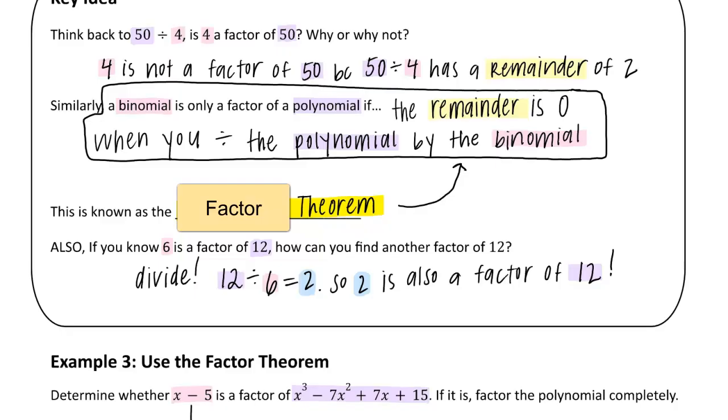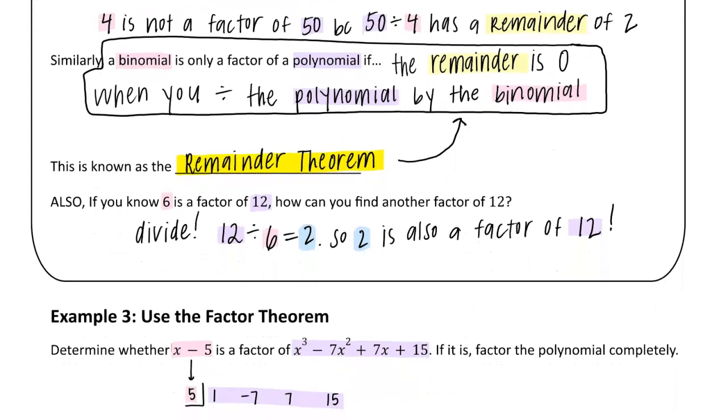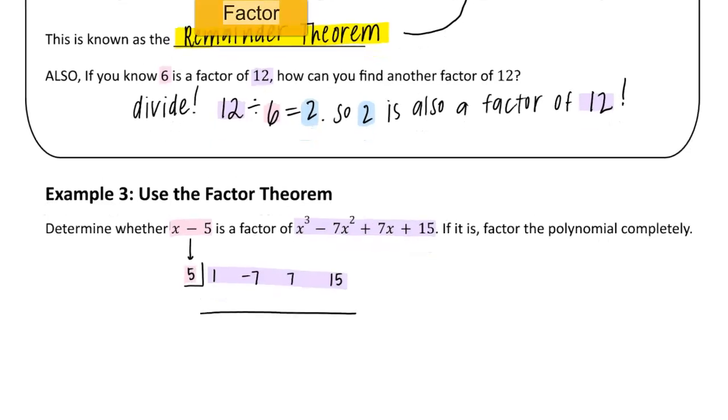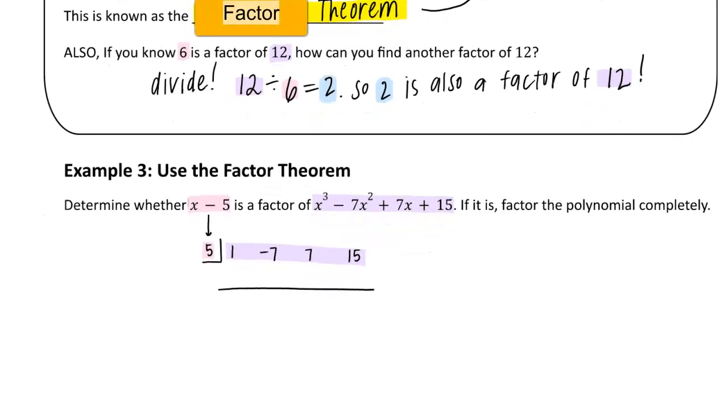Since this binomial, x minus 5, is linear, meaning it's x to the first power, and it has a 1 in the front as the coefficient, we can use synthetic division instead of long division. You can always use long division if you'd like, but synthetic division usually is faster. So remember how to set it up: you put the opposite of the divisor, that constant, in the box.